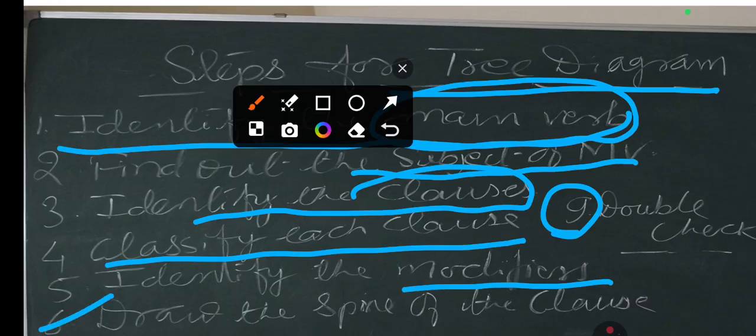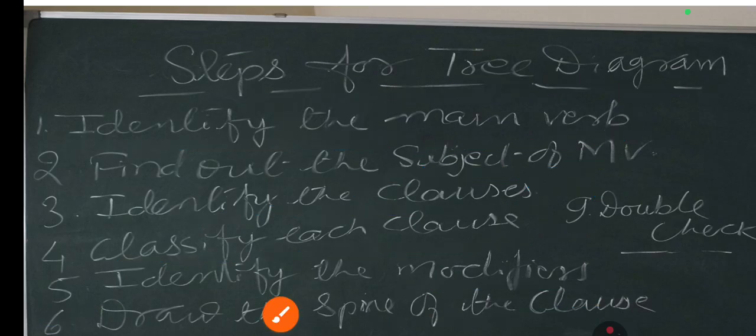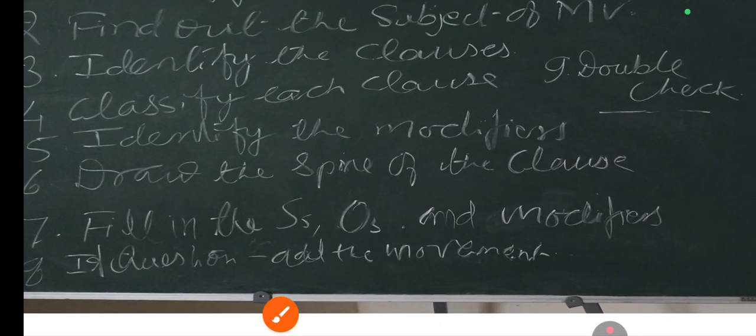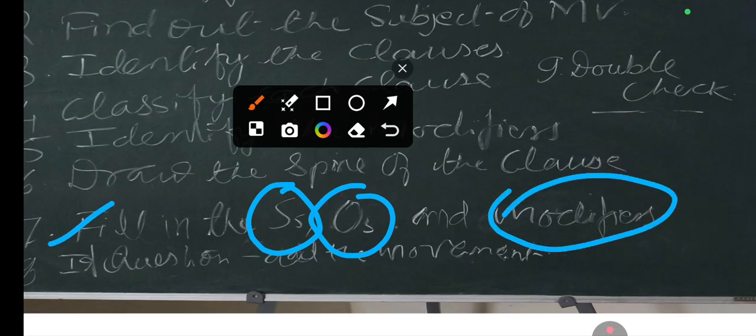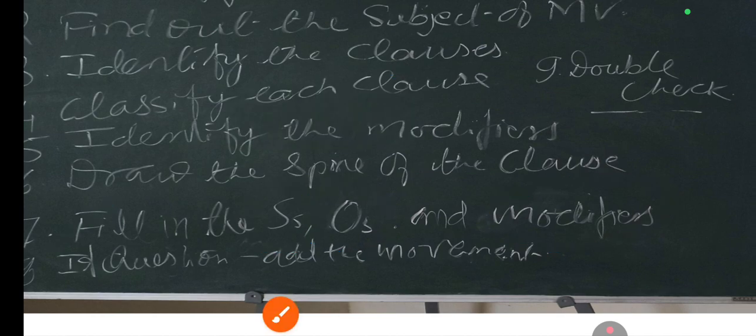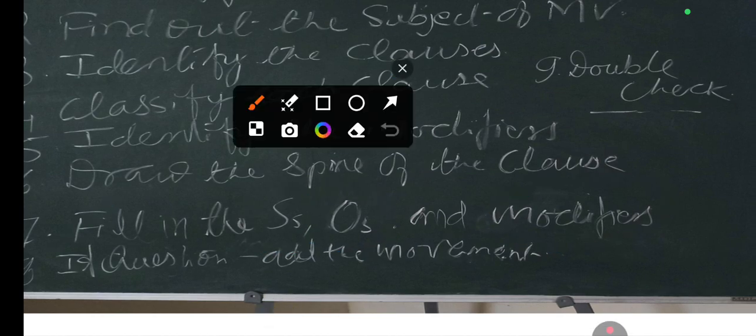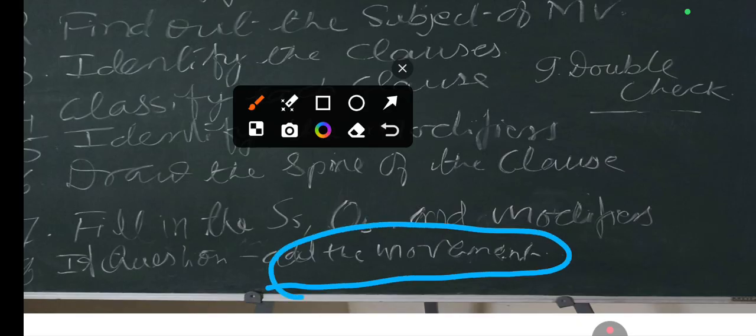Then in sixth step, we make the spine of the clause, right? And then in seventh, we will find the subjects, objects and modifiers in the sentence, right? And eighth step is if it's a question, right? So we have to make the movement, and finally double check, right?